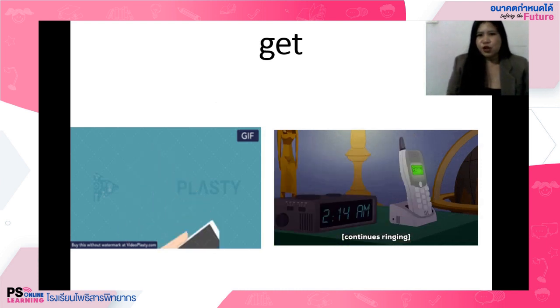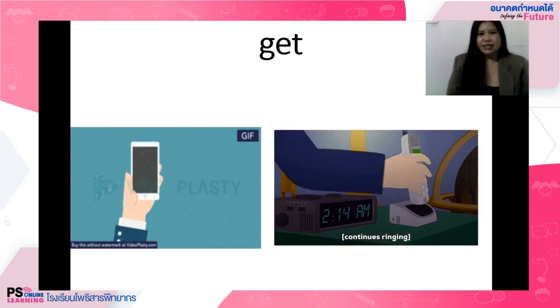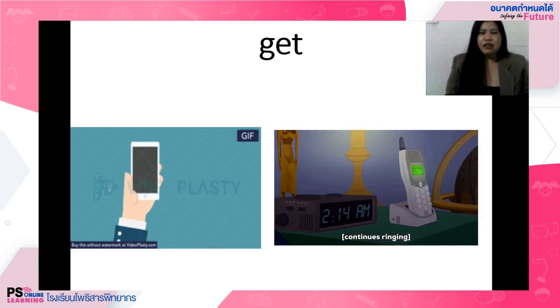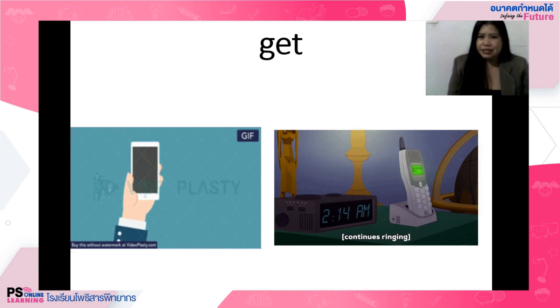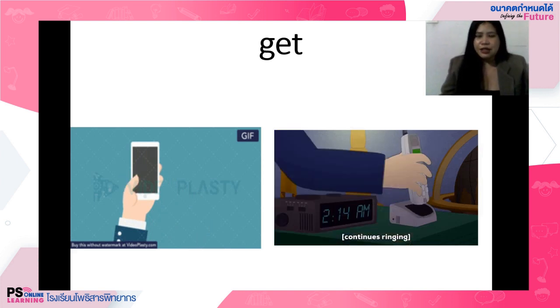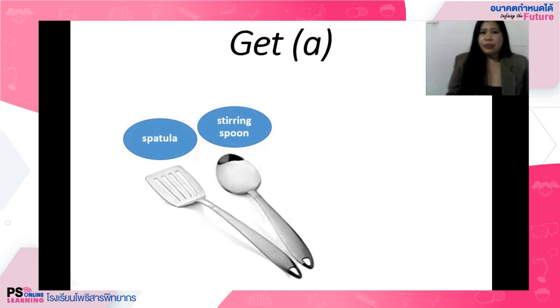That is what you call get. There are many words that you can use. You can say grab, but it's okay to say get. What do you need to get? First one, if it is something like a utensil or thing in the kitchen, you say get a. Get a spatula.